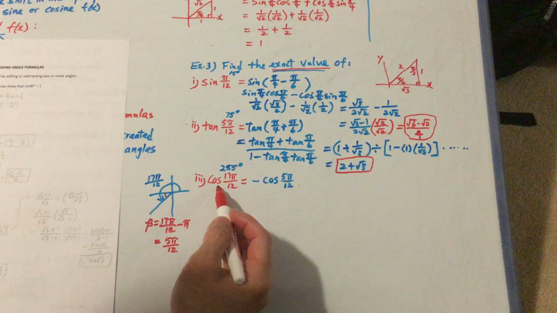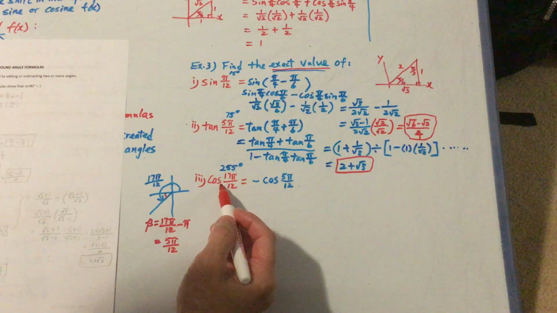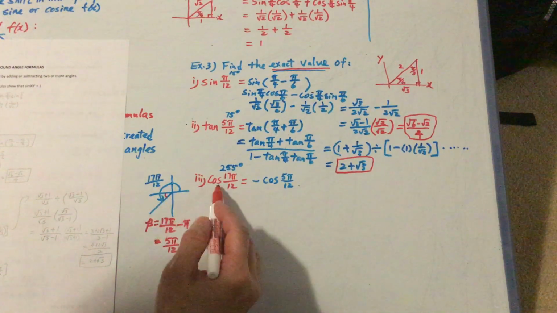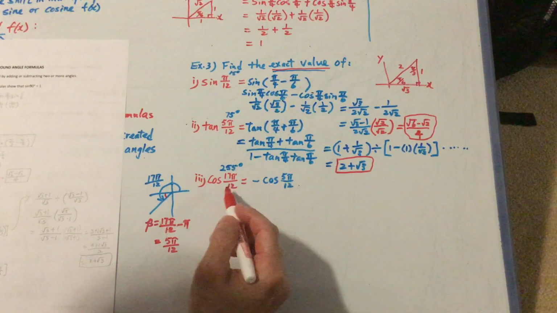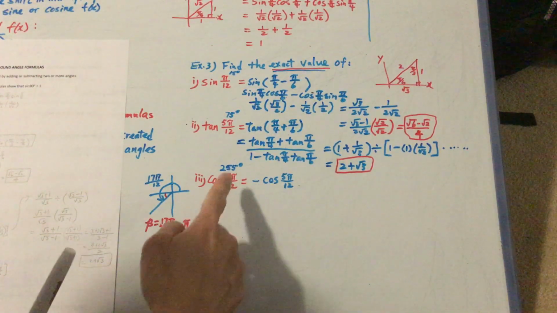But because this is a cosine, this expression in quadrant 3 is going to be negative. So that's why I'm giving myself this new expression to represent cosine of 17 pi over 12.